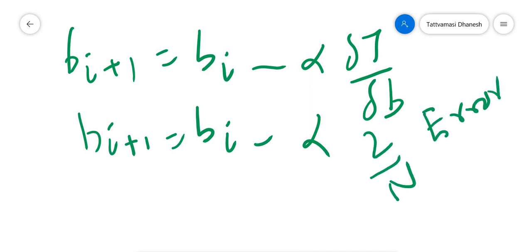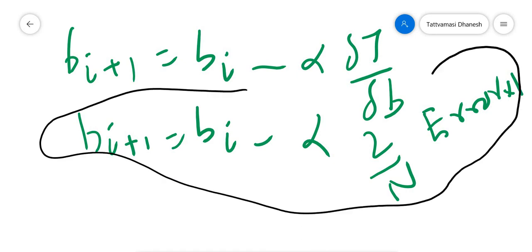For w it was error into x; here it is error into 1, because the derivative you got is 1. So these are the two sets of equations you will get. This is the most important equation. Previously you got it for w as well, weight and bias, and how you can optimize them. Based on these two equations, you optimize the cost function by using the gradient descent algorithm.